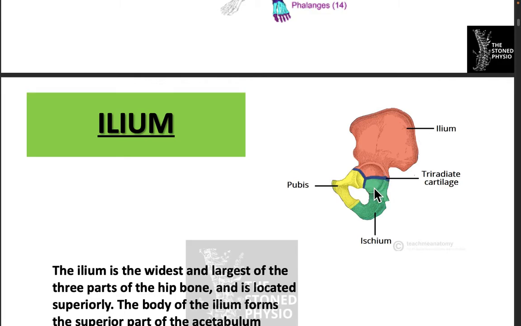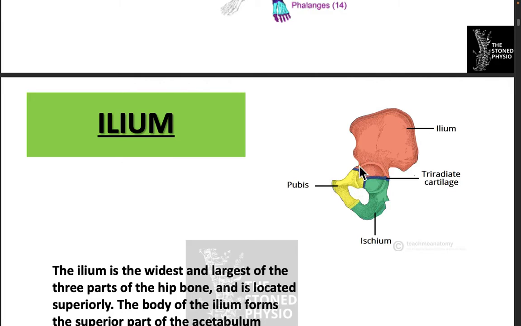Likewise, the ischium also makes 2/5 of the acetabulum, but the pubis makes only 1/5 of the acetabulum. It means the lowest participation in the acetabulum is by the pubis bone. I hope everyone can understand this 1/5 and 2/5 thing: 2 plus 2 is 4, plus 1 is 5.